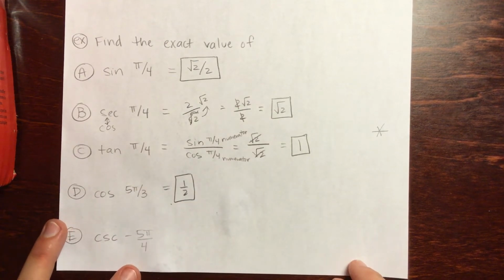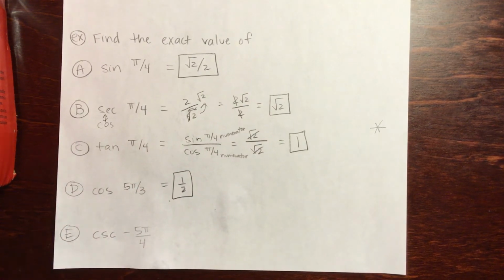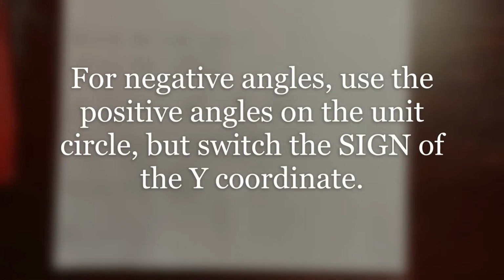Negative numbers look weird and sketchy, but all you have to remember is for a negative angle, we can look at our unit circle straightforward, but you have to flip your y coordinate. So because this is a negative, I can look at my unit circle straightforward, but flip the sign of my y coordinate.